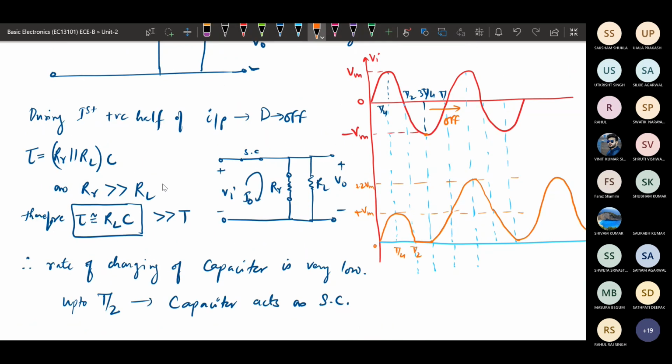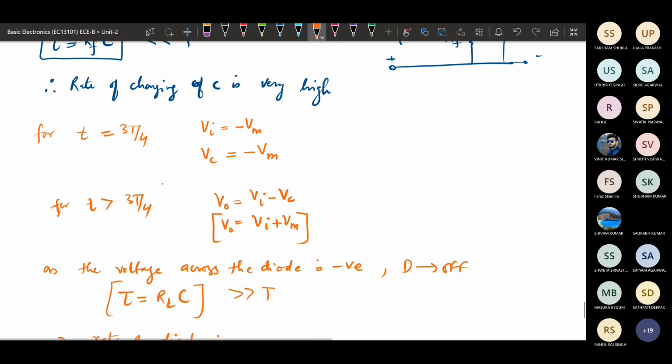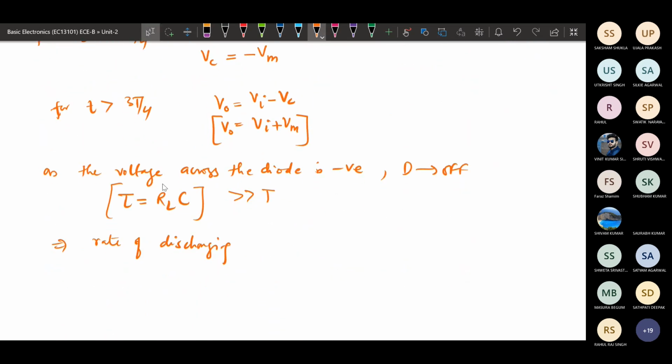At this point, the capacitor has charged to Vm, but now we are applying the input that is less than Vm. So now the capacitor should be discharging. The rate of discharging will be calculated at 3T by 4 time period.